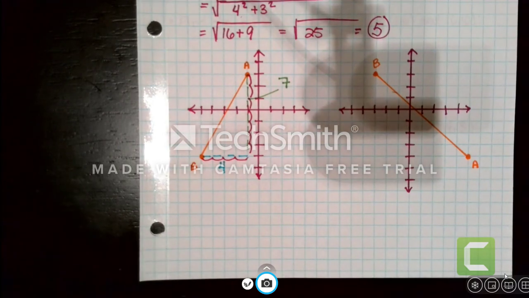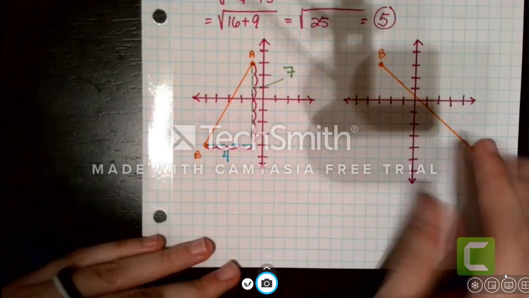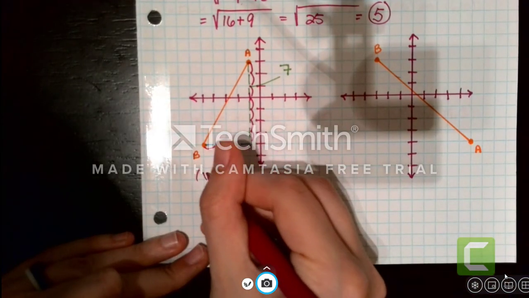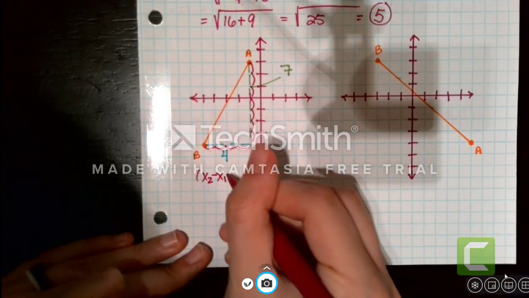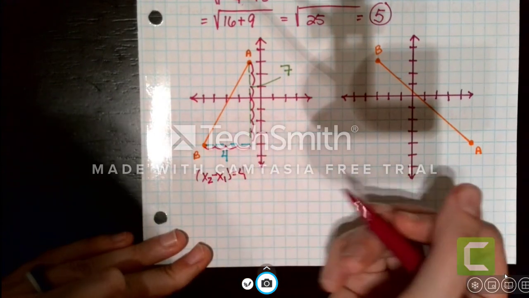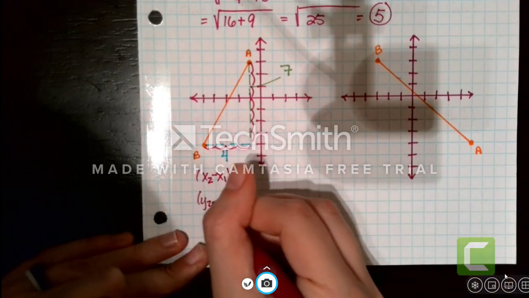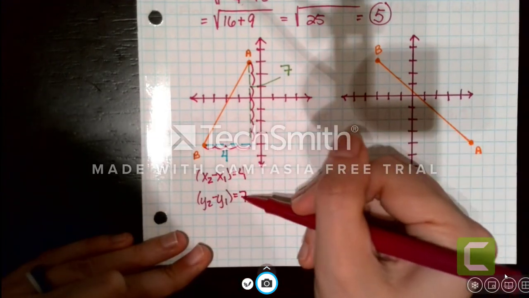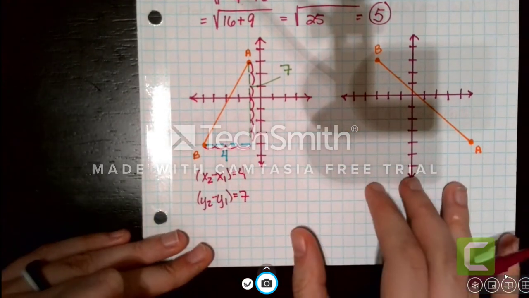Now that we have those two values, you can say, and relabel it below, that x2 minus x1 is equal to 4, and y2 minus y1 is equal to 7. Take these two values and plug them into your equation.